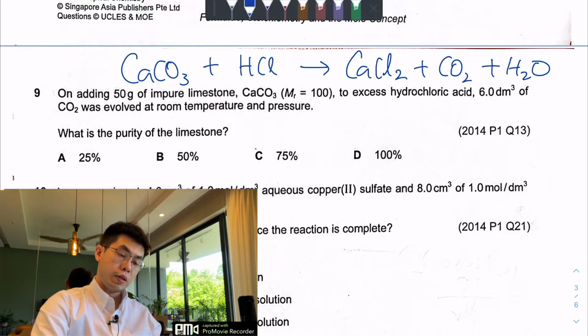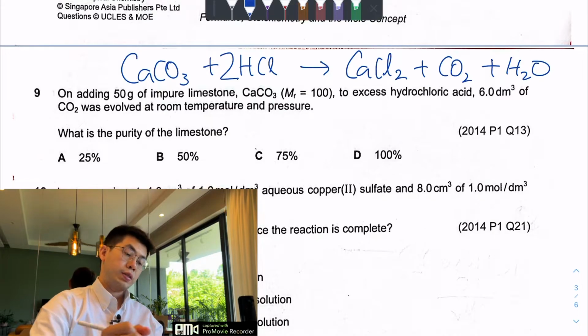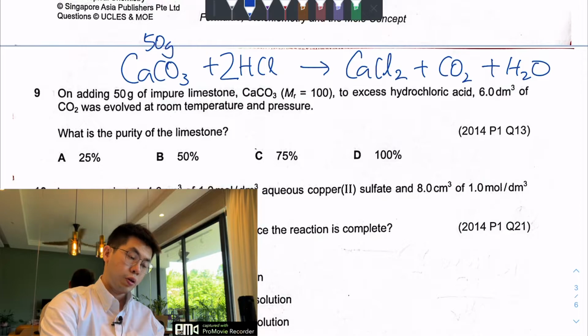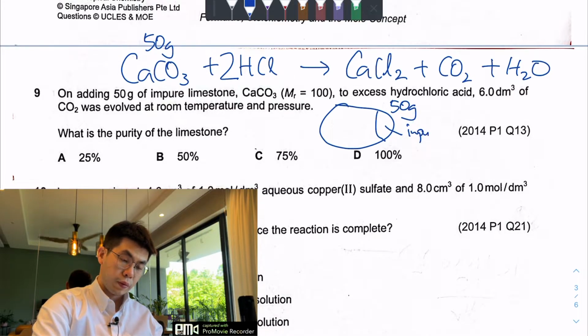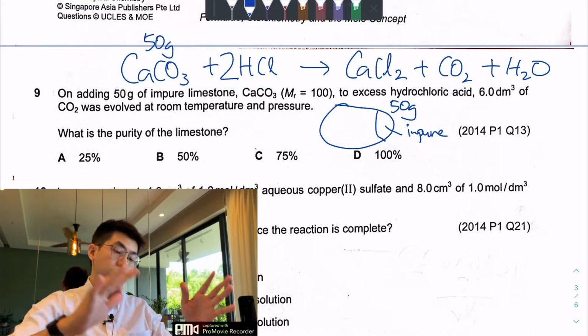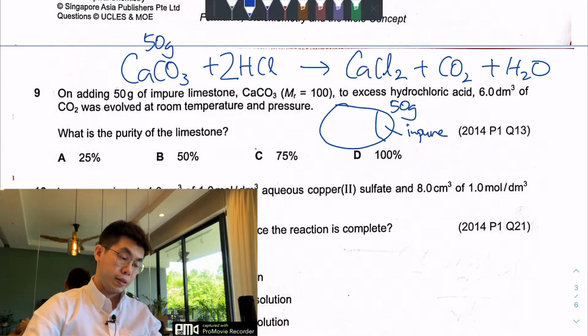Alright, so let me check whether this is balanced. So this one over here, this must be 2. Now I have 50 grams of impure calcium carbonate, so the total is 50 grams. However, there is one portion here that is impure. So the impure part will not react with the hydrochloric acid.